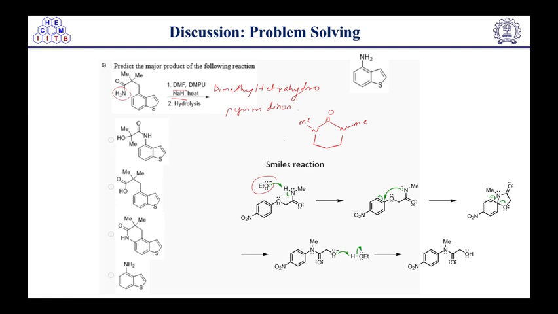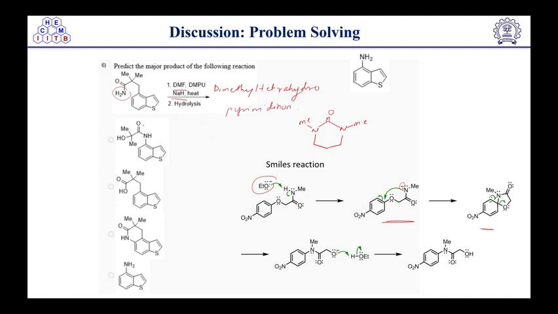It's a strong base, right? So proton abstraction will take place and we will get this intermediate where the negative charge is on nitrogen. Now this negative charge, which becomes a nucleophile here, will attack the electrophilic center of the molecule, right? And we'll get this type of intermediate.